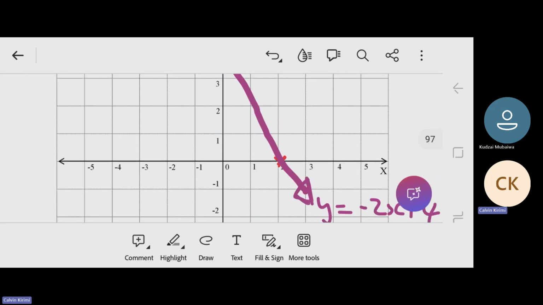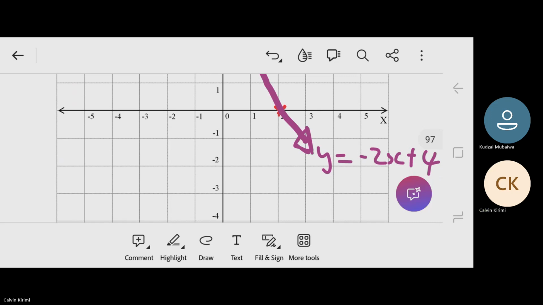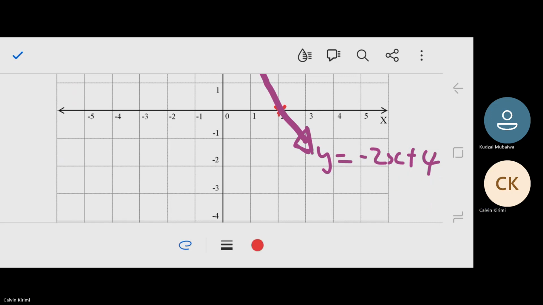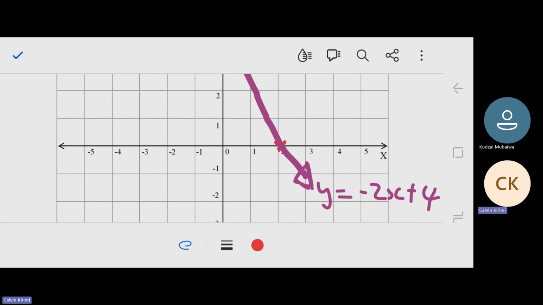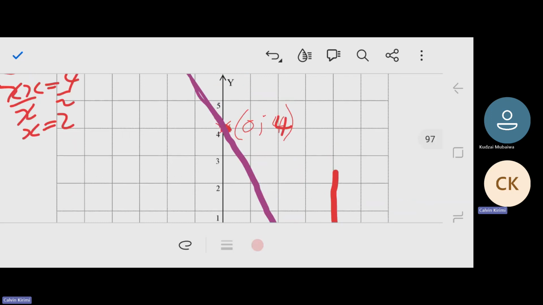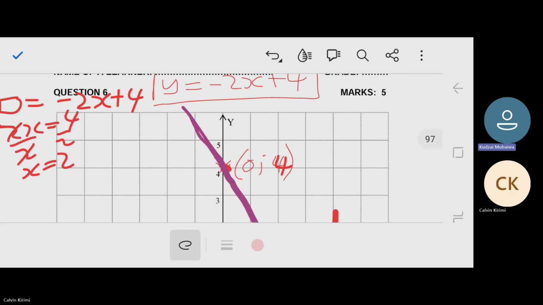For x is equals to 4, you go to 4. That is your x. Where there is 4 there, then you draw a line. The line is cutting the x when x is 4, like that. So the line is just a vertical line going upwards along the line x is equals to 4.